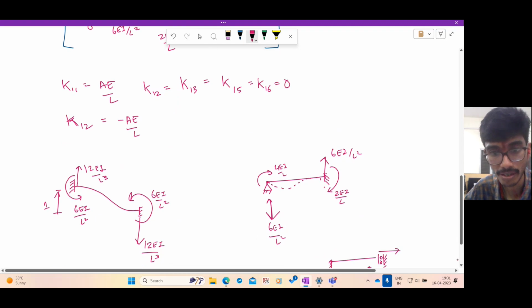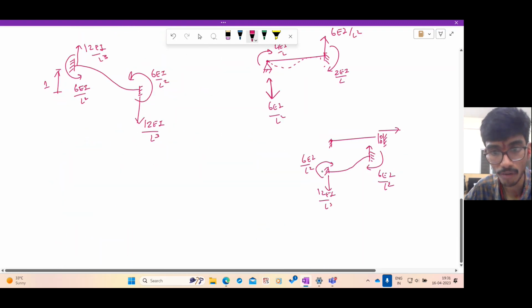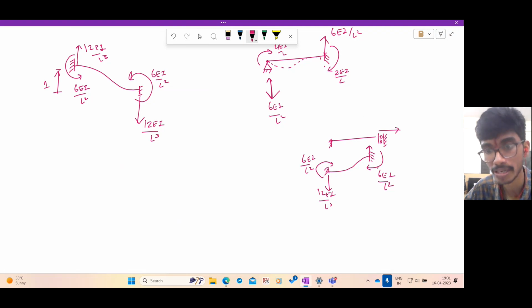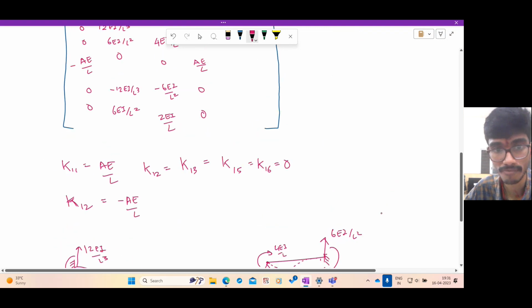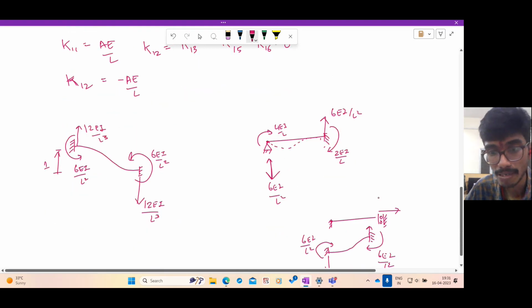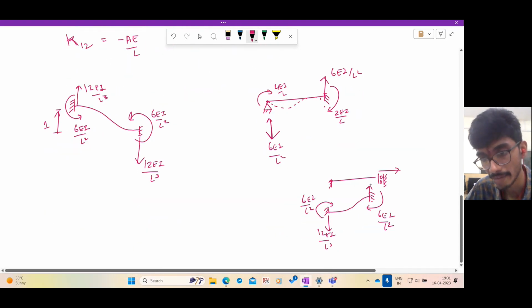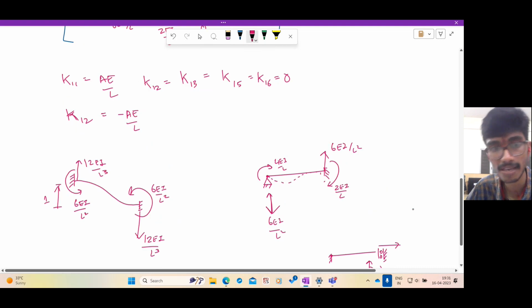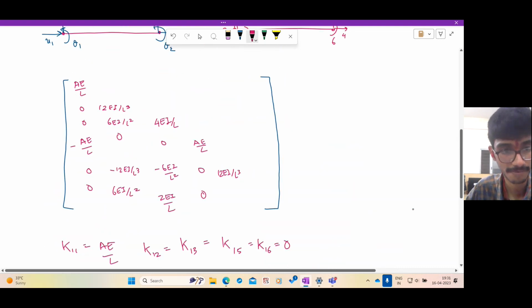So this is a joint. So this is 5. How much force you need to apply here to move it upwards by unit displacement? The force is upwards. So it is 12 EI by L cube. And the moment that is generated at this point 5 is clockwise 6 EI by L square. So I have a minus sign.